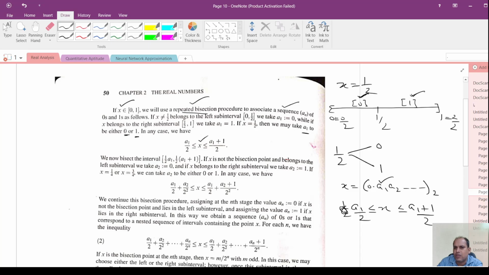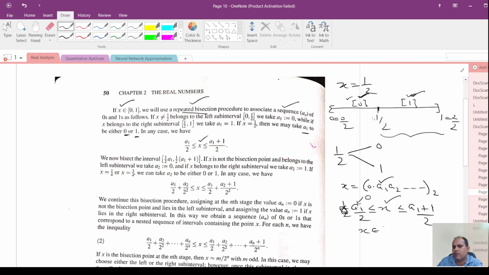Why? Because if x is half, and half is within the interval 0 by 2 to 1 by 2. If I put a1 equal to 0 here, then we have 0 by 2 and (0 plus 1) by 2, so we get the interval 0 by 2 to 1 by 2. And if I put a1 equal to 1 here, then I will get the interval from 1 by 2 to 1. So, we have enclosed x in a closed interval.